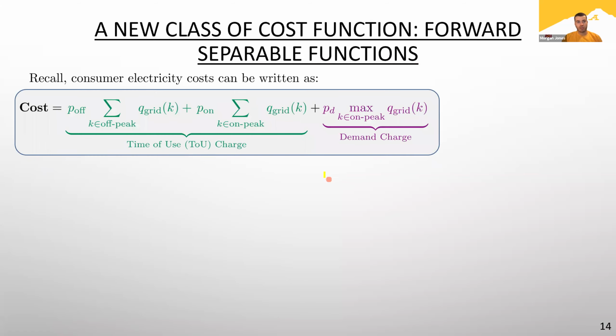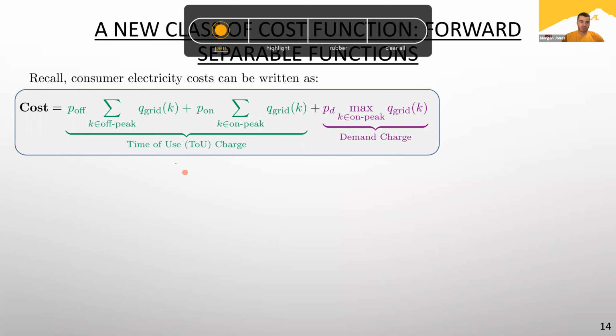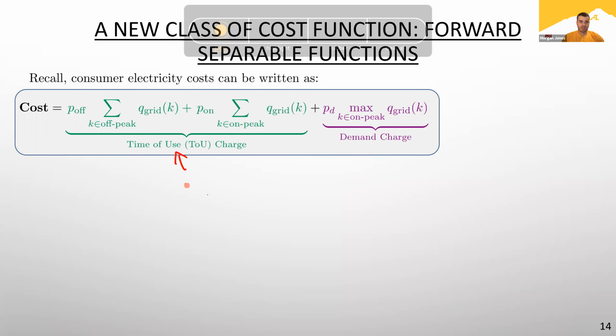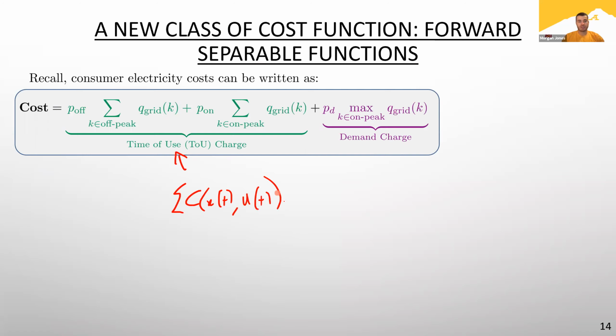So if we recall, the consumer electricity costs can be written in this form. The time of use costs take this additively separable structure that looks like this. And if it wasn't for the demand charges, then we could solve the problem using classical dynamic programming.